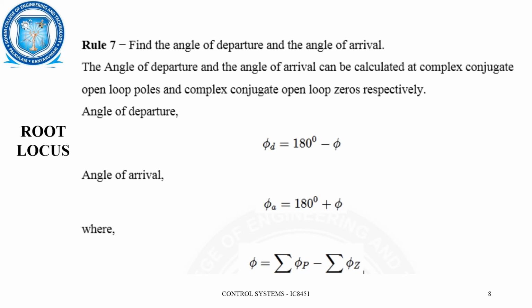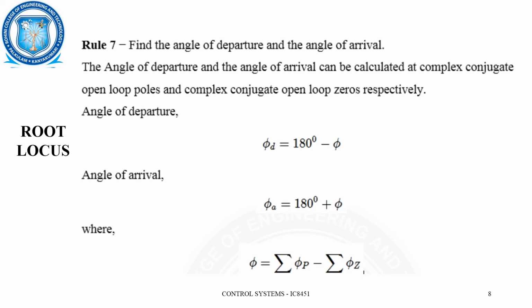We find these using the formula: angle of departure phi d equals 180 degrees minus phi, and angle of arrival phi a equals 180 degrees plus phi. How the phi value is calculated is very simple. For a complex conjugate pole, we find the angles at which the other open loop poles are subjected to this pole, and add them, that is the sum of phi p.